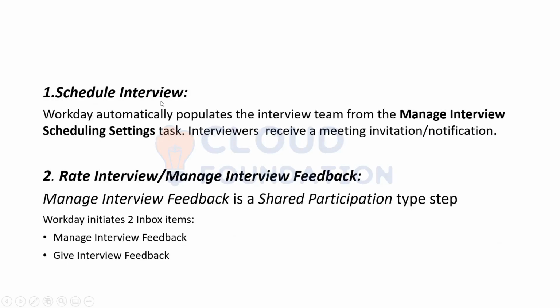The first step was schedule interview. So Workday automatically populates the interview team from the manage interview scheduling task. The interviewer receives a meeting invitation or a notification. Meeting invitation in terms of Outlook or Google Calendar, notification for Workday integrated system.